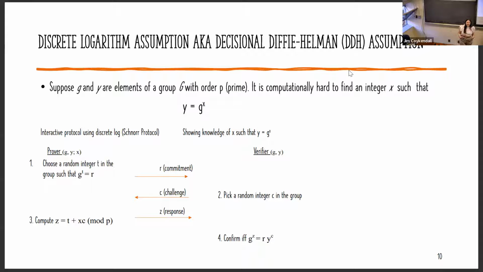The verifier receives this and can confirm that the prover does in fact know this X, such that our statement holds, if and only if g to the Z is the commitment R times y to the C. I'm going to go into why this math works a little bit later, but for now, this is just an example of how this works with actual math.